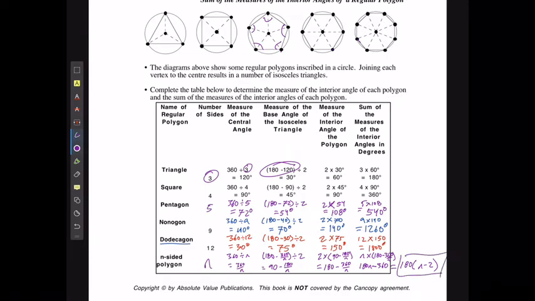So the total of the angles inside of a polygon will always be 180 times the number of sides minus 2.